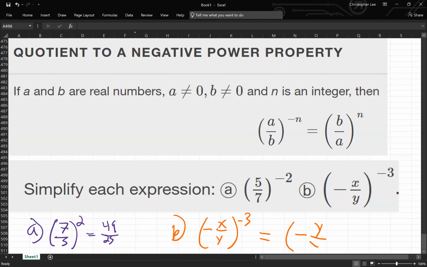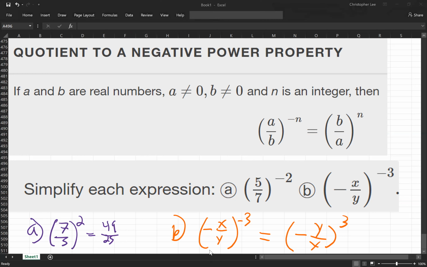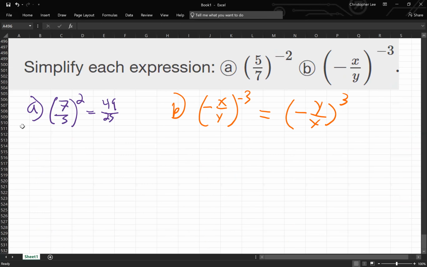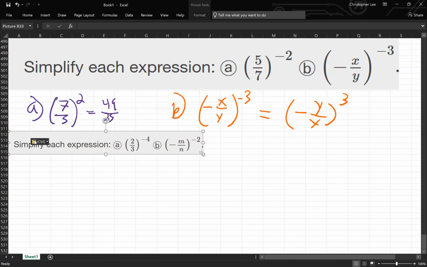Negative y over x raised to the third power. Questions on this? You guys try.